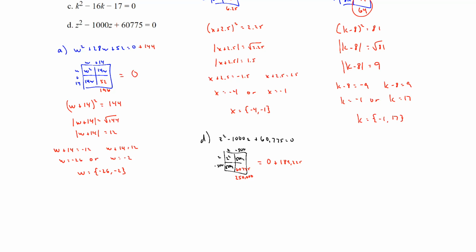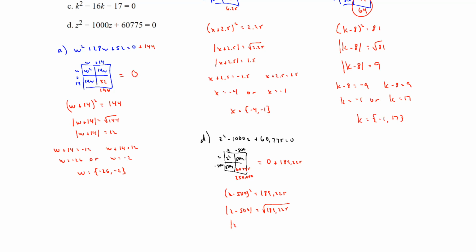So that'll leave us with z minus 500 squared is equal to 189,225. So if we take the square root of both sides, we get z minus 500 is equal to the square root of 189,225.